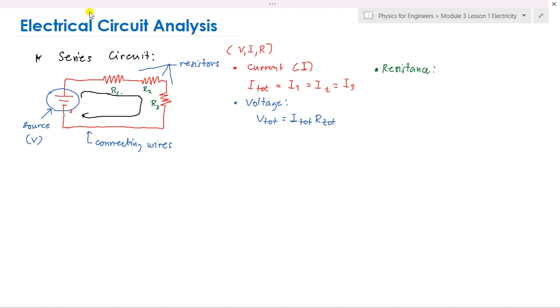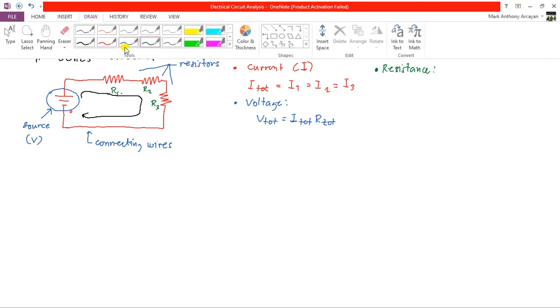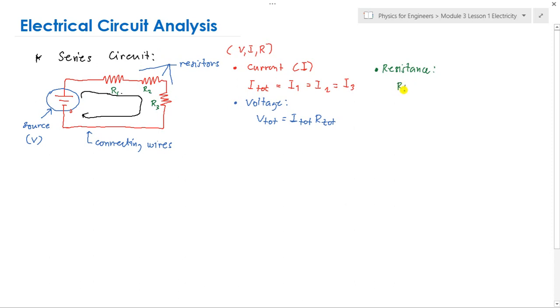So for the resistance, since it is connected in series, the total resistance R total is equal to the sum R1 plus R2 plus R3. The total resistance for a series circuit is just the sum of the individual resistances.